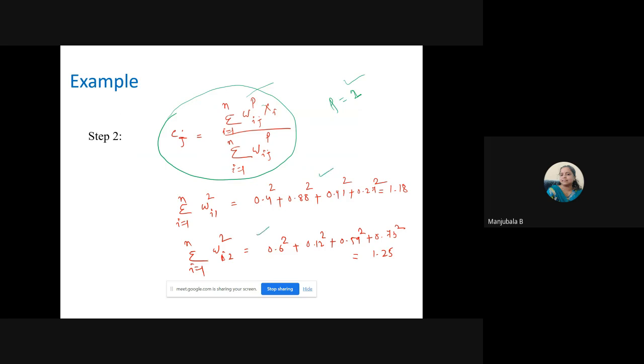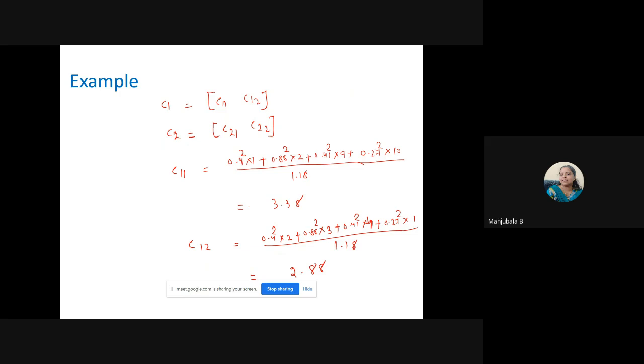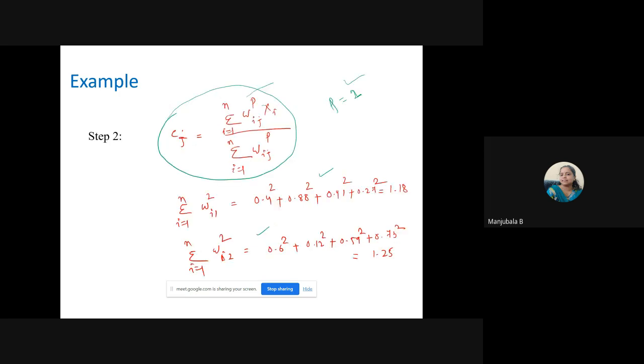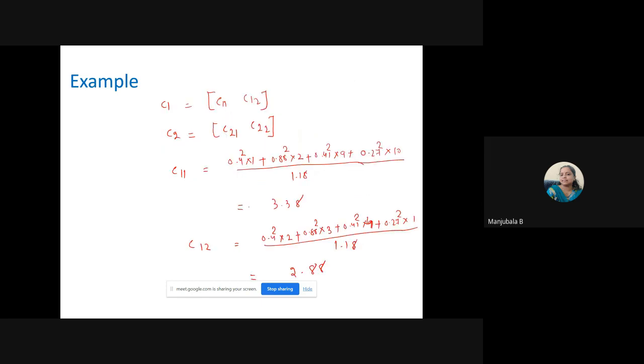Okay. Next, by using this value, now you have to calculate the centroid. This is the formula you have to use. We have calculated only the lower part, now we'll go to the upper part. There are two clusters C1 and C2, and we are having two attributes, so the centroid will be C11, C12 for the cluster C1 and C21, C22 for C2.